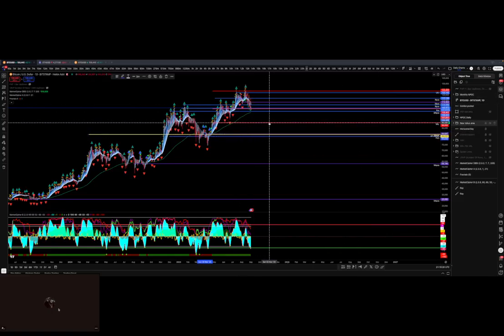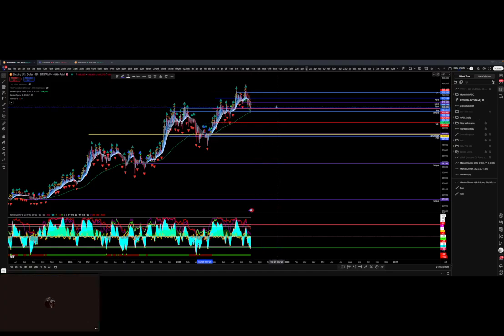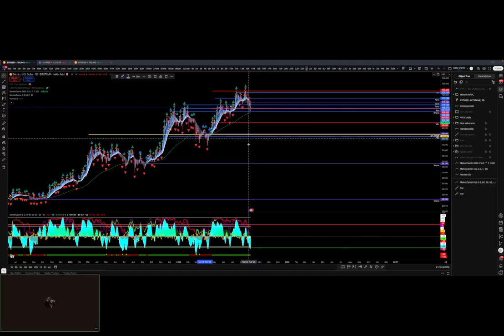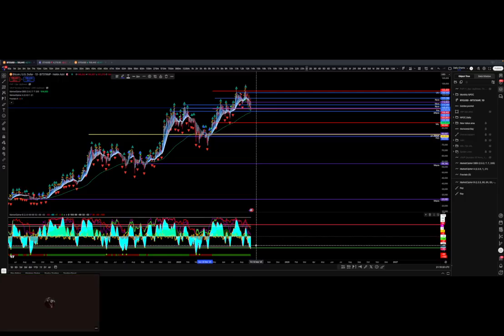Same thing here, 95. This is our value area low of this range. So yes, I would want to take any type of long trade up into that area if the indicators are showing me positive momentum.